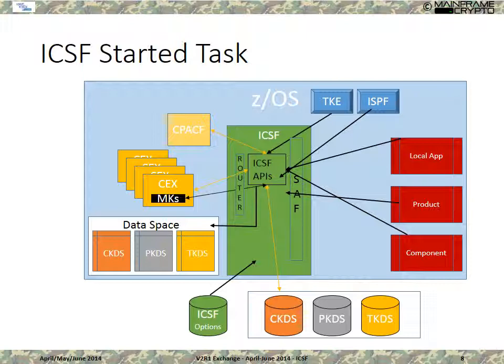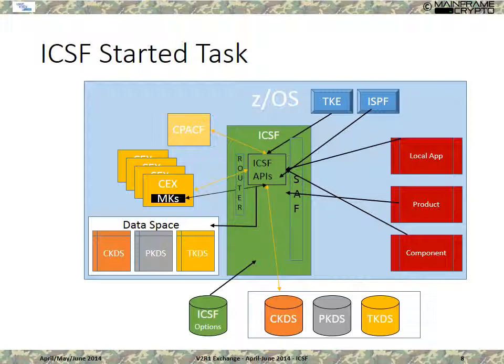So if you code an API that uses the CPACF hardware, ICSF is going to turn around and invoke those KM or KIMD instructions, the encryption instructions, the cipher instructions, or the hashing instructions that will get performed on the CPACF hardware for you. Alternatively, if you code an API that requires the Crypto Express card, ICSF will route that work to the Crypto Express card.